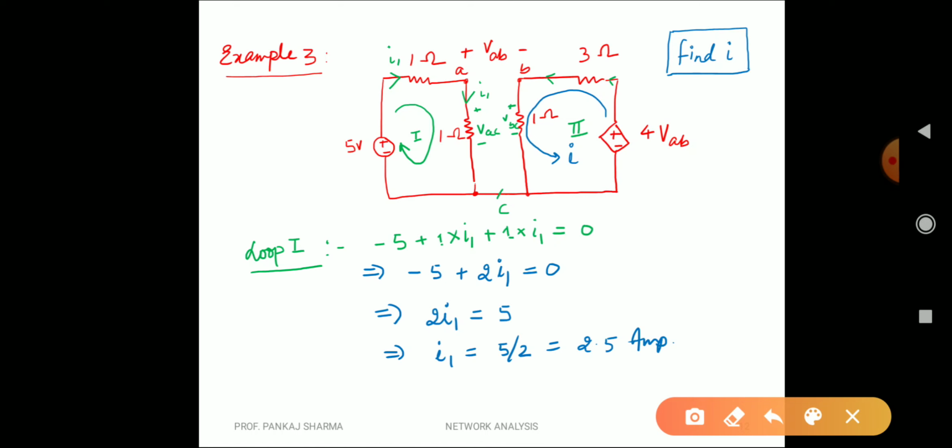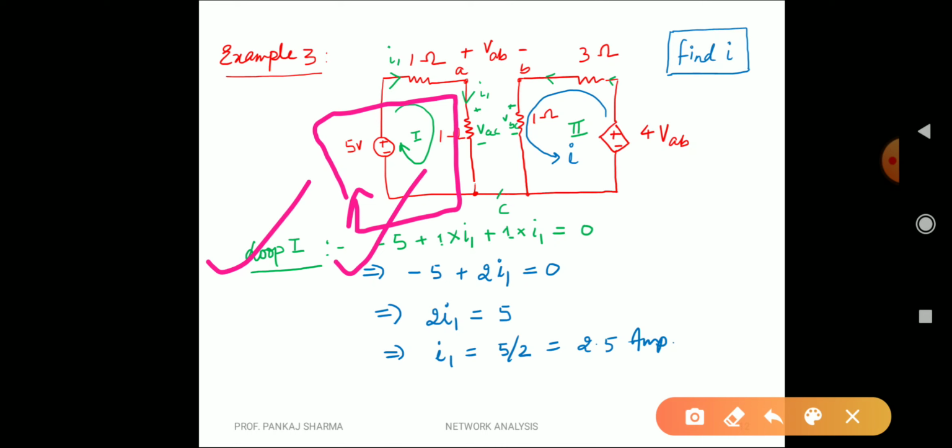Now in loop number 1, this is your one loop, we are going to write from here to here to here to here. So it is minus 5 plus 1 into I1 plus 1 into I1. So it is coming minus 5 plus 2 I1 is equal to 0, or I1 is equal to 5/2, or I1 is equal to 2.5 ampere. This is very easy.